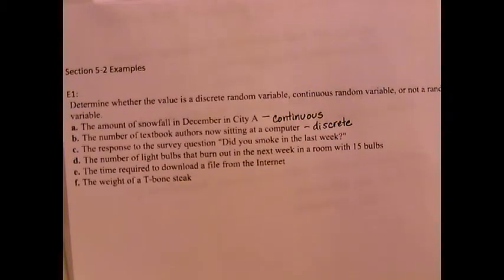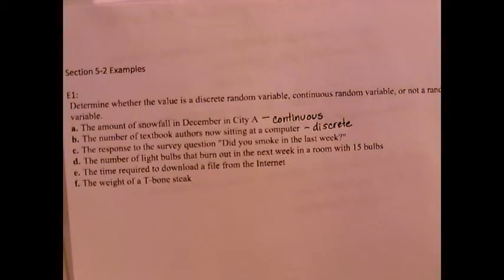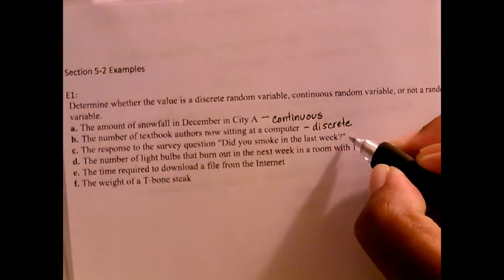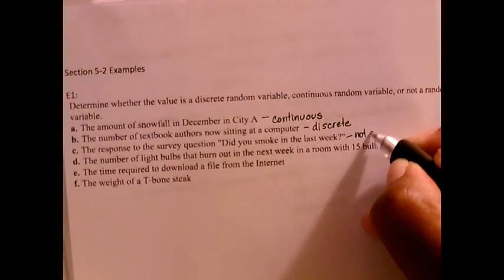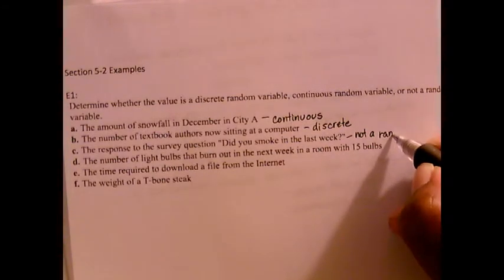Part C, the response in the survey to the question, did you smoke in the last week? This one would not be a random variable, because the question requires a yes or no answer. It does not require a numerical value, whether discrete or continuous.